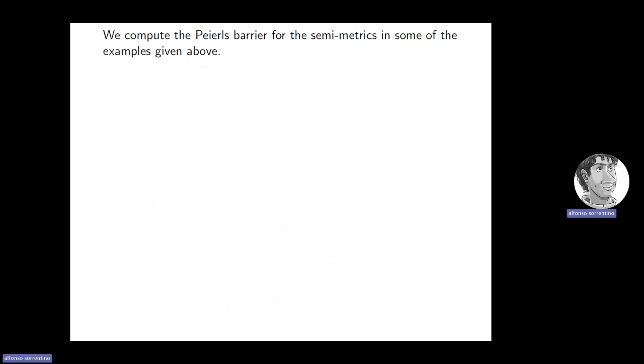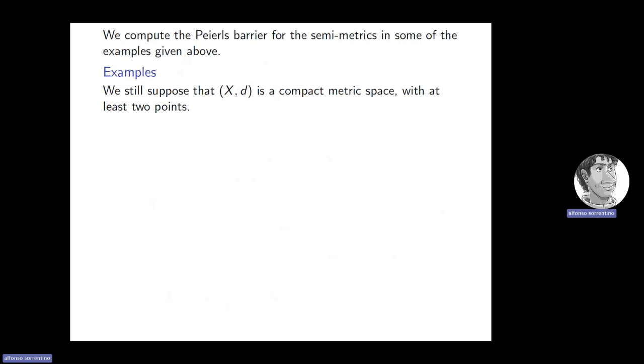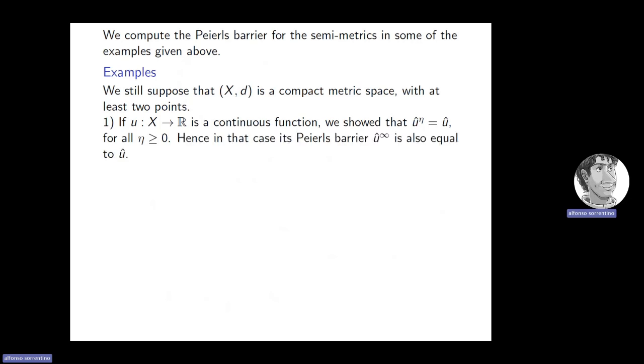Now we compute the pairs barrier for some semi-metrics in some of the examples. So we start with the example where we took as cost u hat, where u is a continuous function. We showed that u hat eta is u hat for all eta, so the pairs barrier is also equal to u hat.